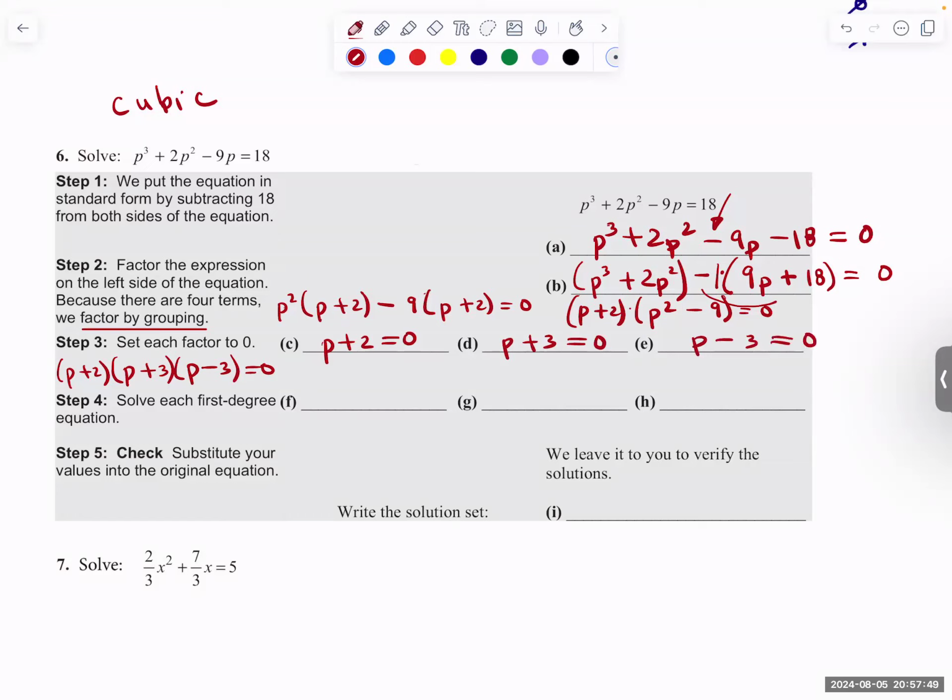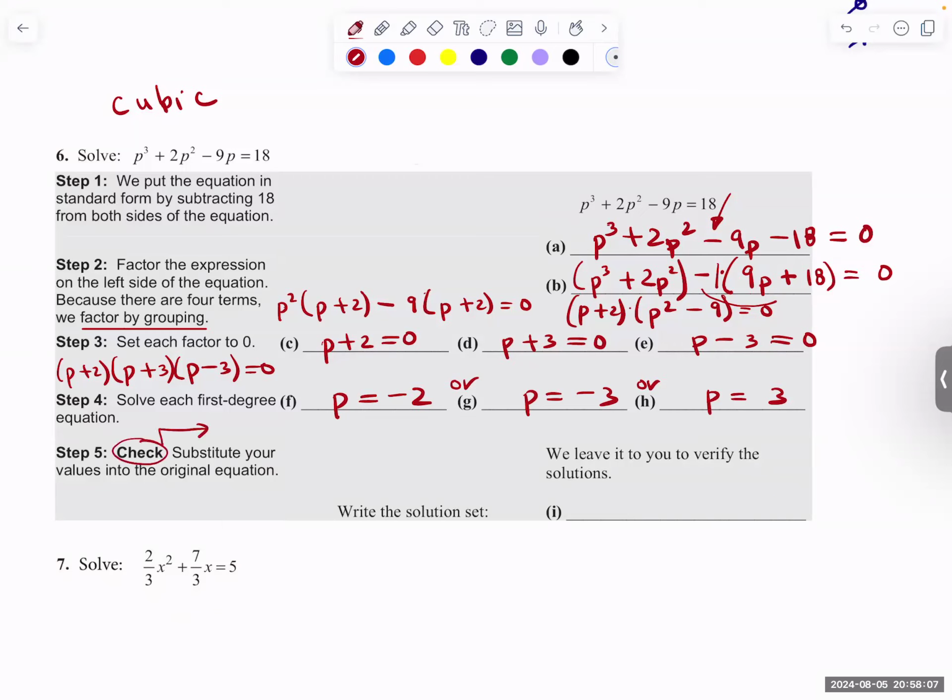Then we solve each equation, so we have either p equals negative 2, or p equals negative 3, or p equals positive 3.